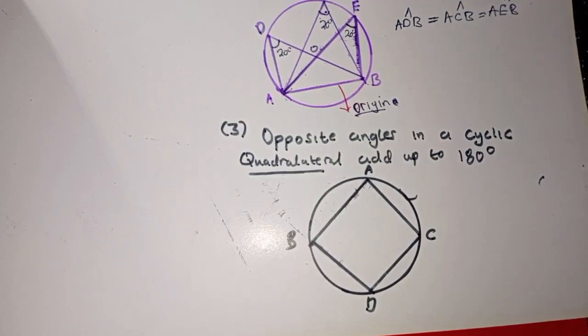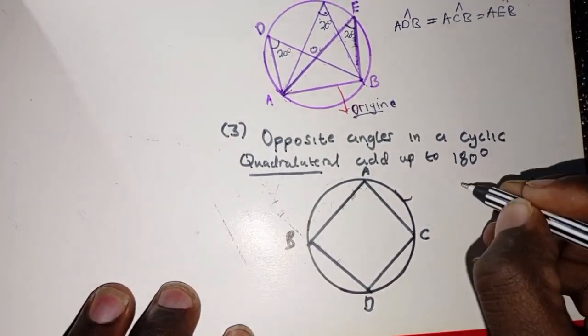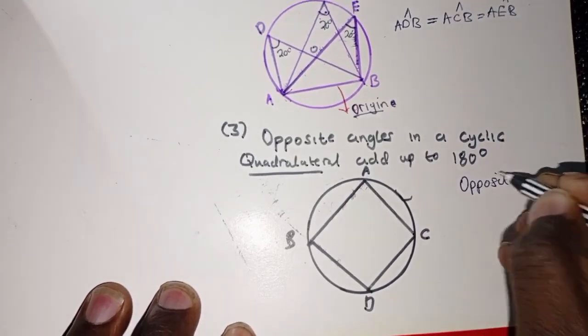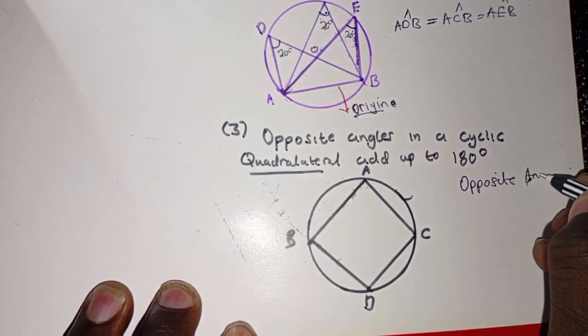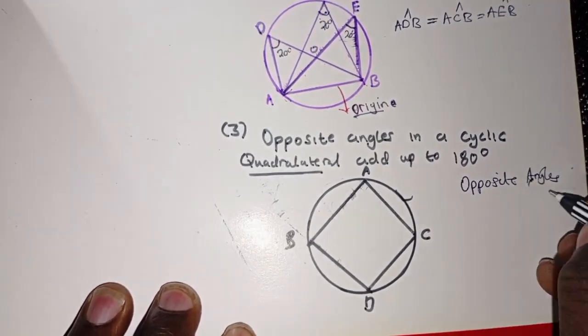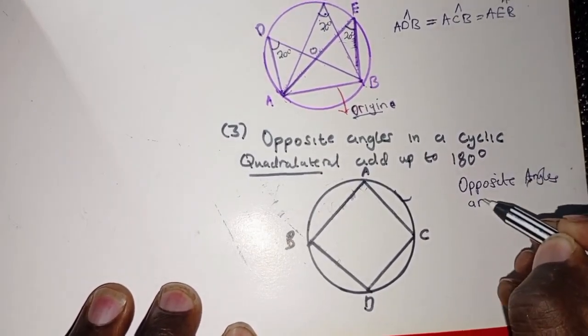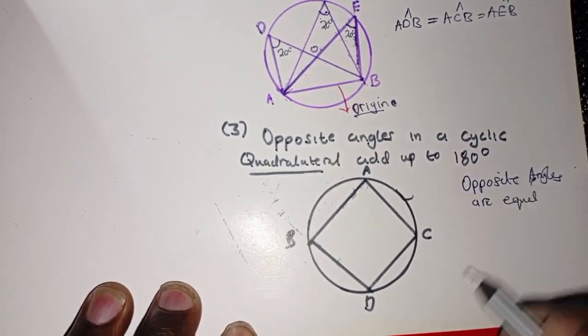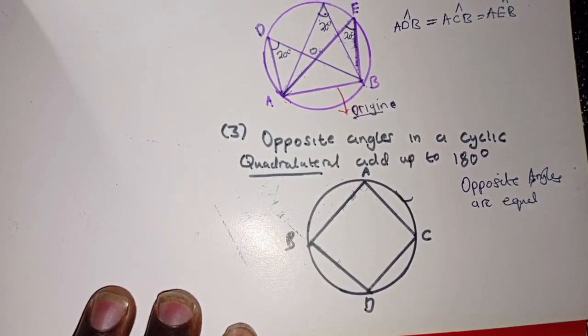Now, according to the property, we are saying that opposite angles add up to 180 degrees. What do we mean by opposite?